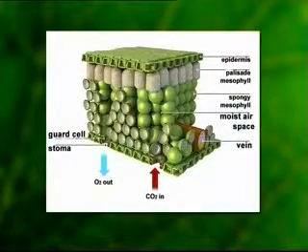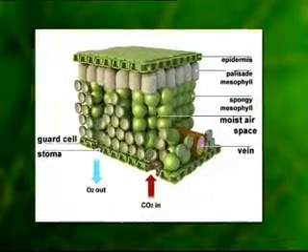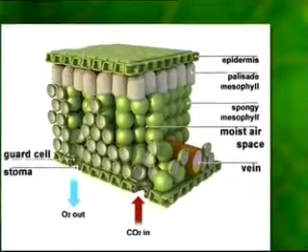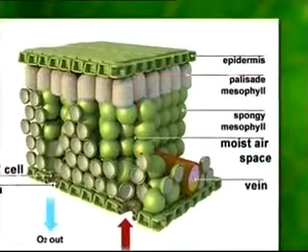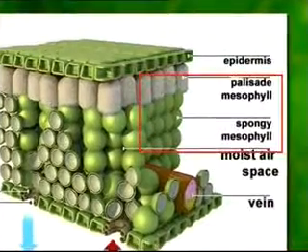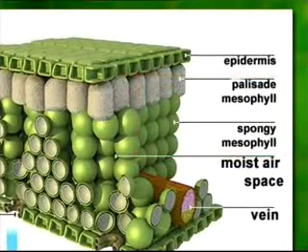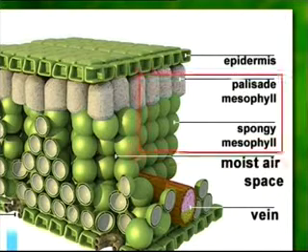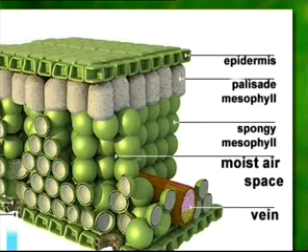The middle part of the leaf, called mesophyll, is distinguished into two regions, that is the palisade tissue on the dorsal side and spongy tissue on the ventral side.